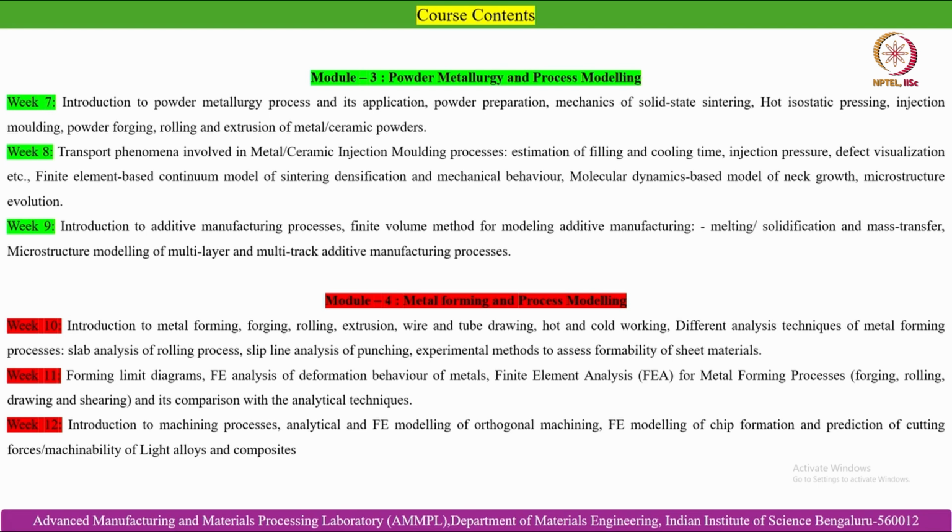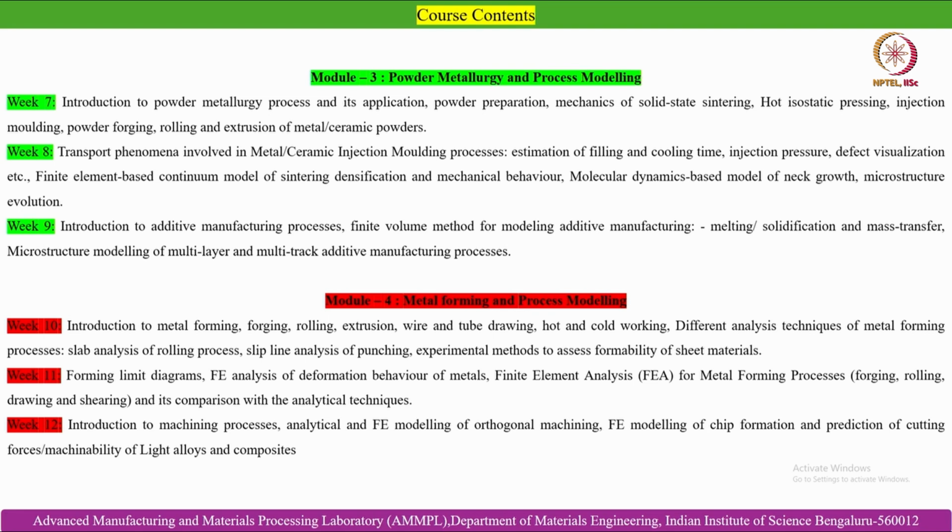And then at the end of the course we will discuss different machining processes, and also how we can develop a finite element model of chip formation in case of orthogonal machining and oblique machining.